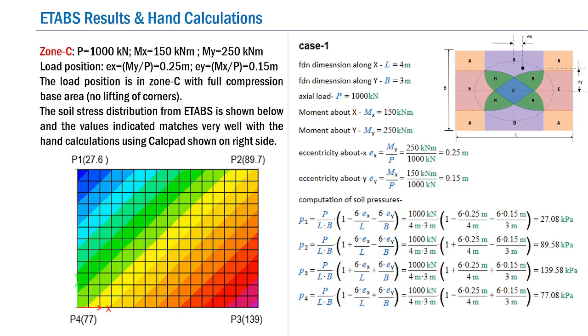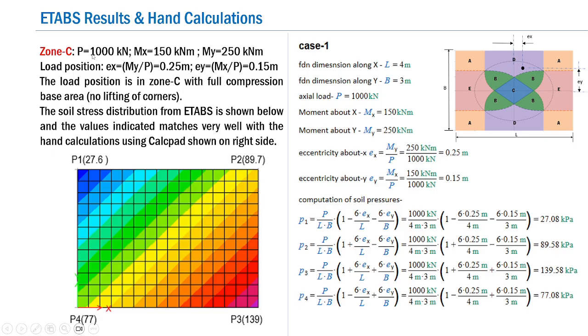Okay, fine. So let us start reviewing the ETABS results and see how they match with our hand calculations. The first one, we started with Zone C. Zone C, we know, is the kern area, and we expect the foundation base to remain entirely in contact with the soil because this is a small eccentricity case.